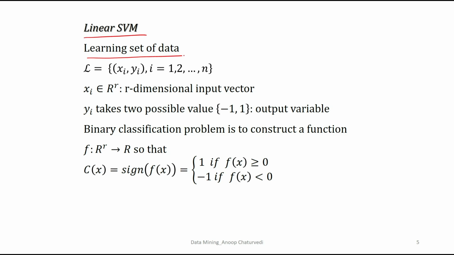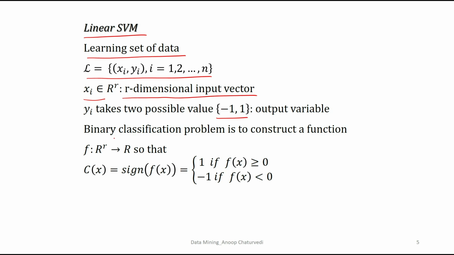So, the learning set of the data is L equal to (xi, yi), i equal to 1 to n. Xi belongs to R^r, so you have an r-dimensional input vector, and yi takes two possible values, -1 and +1. So, yi is the output variable taking these two possible values.